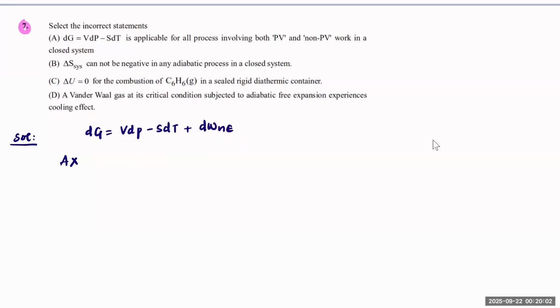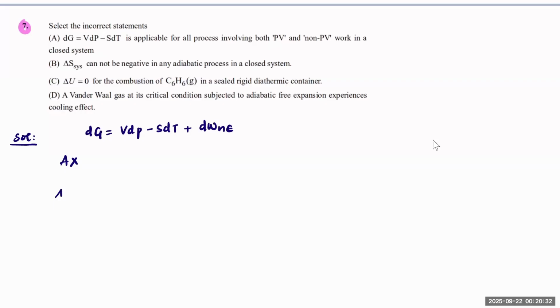Okay. If you're writing only this one without this one, it means we are assuming that there is no non-PV work. Second one, B: delta S system cannot be negative in any adiabatic process in a closed system. That's a very good statement.